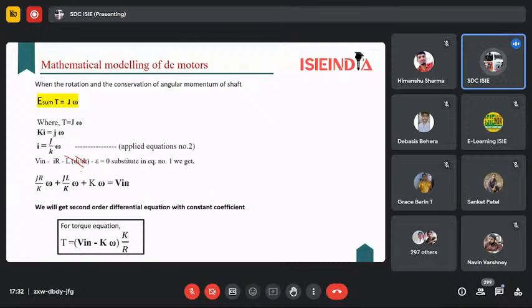So when we put all three equations together, equation number 2, this one, and the basic law that current is directly proportional to torque, we will get this equation: T is equal to applied voltage minus constant of motor times omega, into constant of resistance.